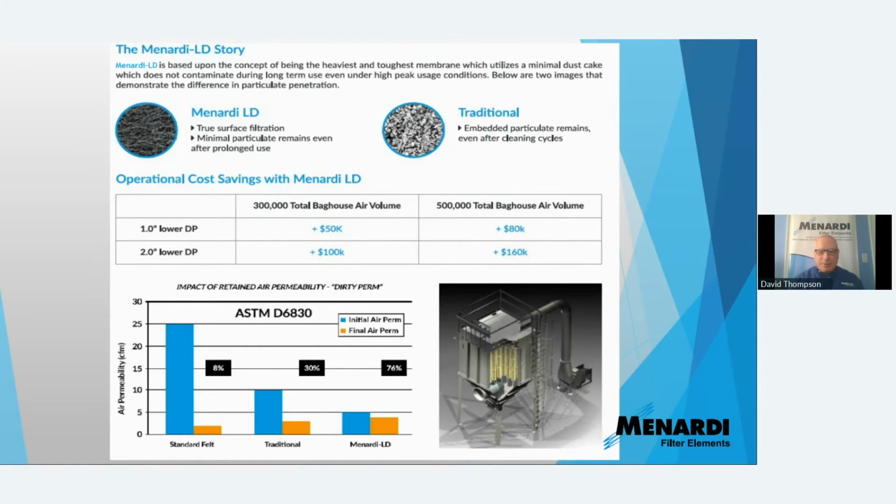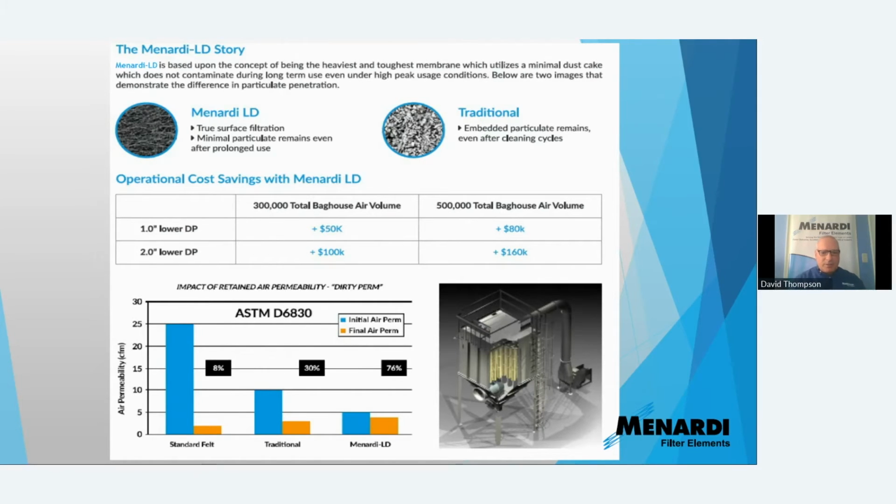All that adds up to a cost savings of probably, in the end, 15 to 20% on the overall cost of running the baghouse. If you look down at the graph, you'll see the standard felt. It starts off with an air permeability, before it's been seasoned, between 25 and 45 CFM.